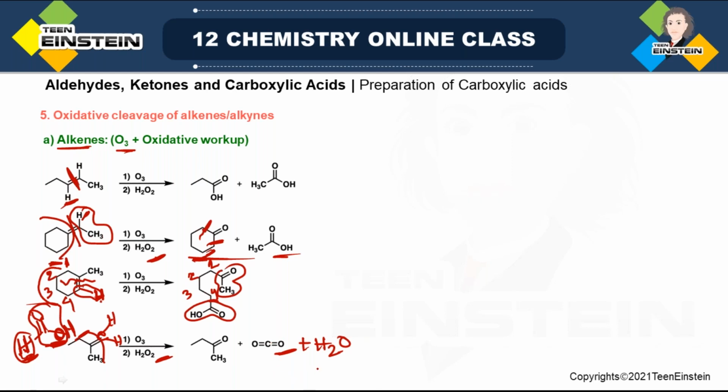Overall, if you have a terminal CH2 group in an alkene molecule, you are not getting carboxylic acid, because you cannot get formic acid; ultimately it will be converted to CO2. So in the last example, you are not getting any carboxylic acid. Okay.